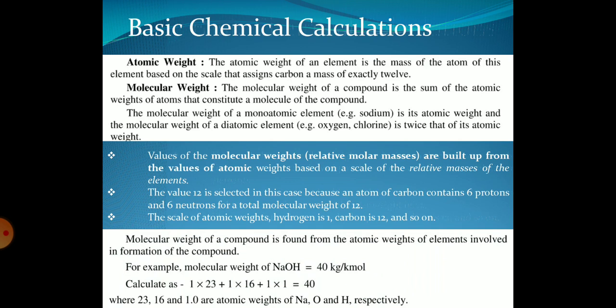For example, if you want to find out the molecular weight of NaOH, it is calculated as: for Na, as it appears once in that compound, 1 into the atomic weight of Na, 23, plus 1 for oxygen, as it appears once in that compound, into the atomic weight of oxygen, that is 16, plus 1 for hydrogen, as it appears once in that compound, into the atomic weight of hydrogen, that is 1.